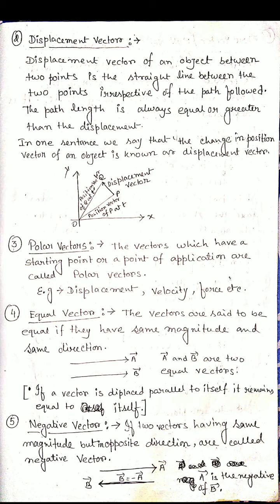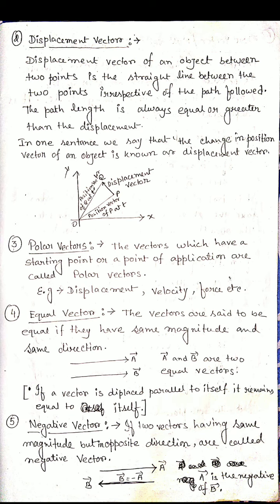So here also, if we consider two vectors and their magnitudes are the same and they have the same direction, then those vectors are called equal vectors. In this diagram, you see that vector A and vector B, both magnitudes are the same and both are in the same direction. That's why A and B are equal vectors.